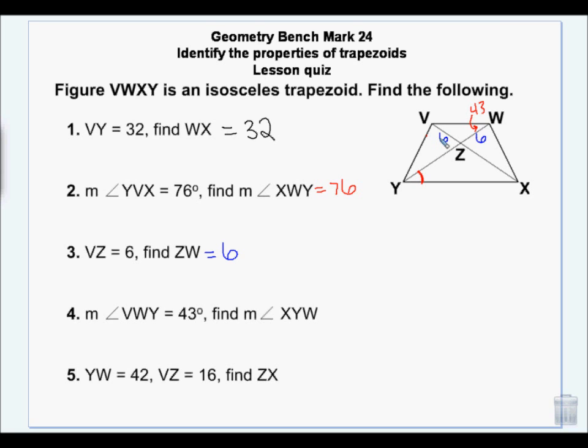This is another one of those situations where they didn't do it right. Because there's no congruency here because of this angle here. So this would be 43. And this would be the same as this.